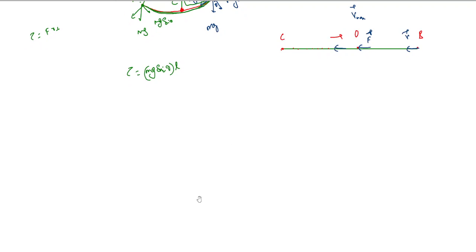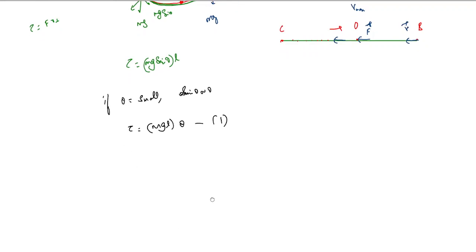Now if we assume that theta is small, then for small angles of theta, sin theta is the same as theta only. Therefore, tau is equal to mgL into theta. Let us call this 1. The assumption here is that theta is very, very small.